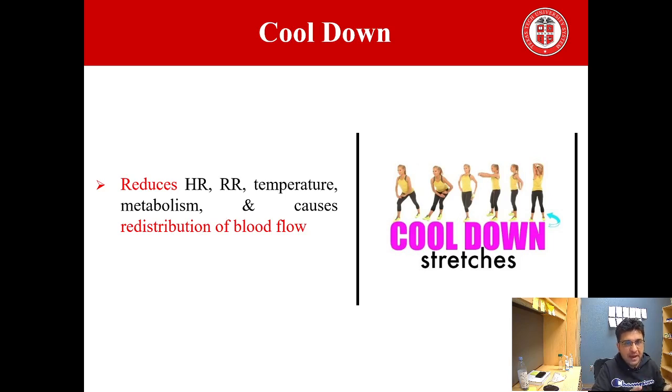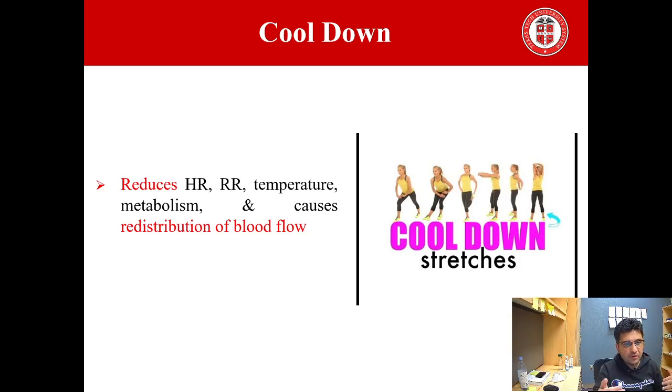It should go back from the exercising muscles to all the organs where it's more necessary to have blood. For example, you want blood to go back, most importantly, to the head and neck region, because once we have been exercising, the blood is minimally present in the head and neck region to provide just the minimum amount of oxygen.